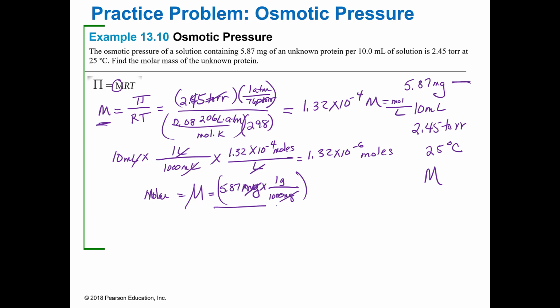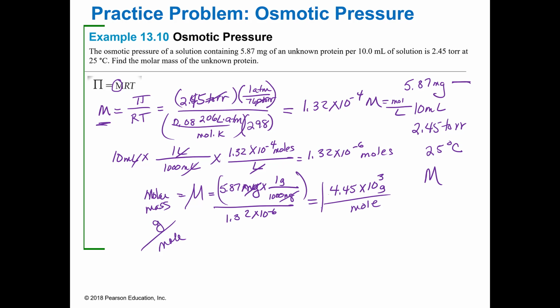Then we're going to divide grams over the number of moles we have, 1.32 times 10 to the minus 6, because when we want the molar mass, that is going to be in grams per mole. So when I calculate that, I'm going to get 4.45 times 10 to the third grams per mole.